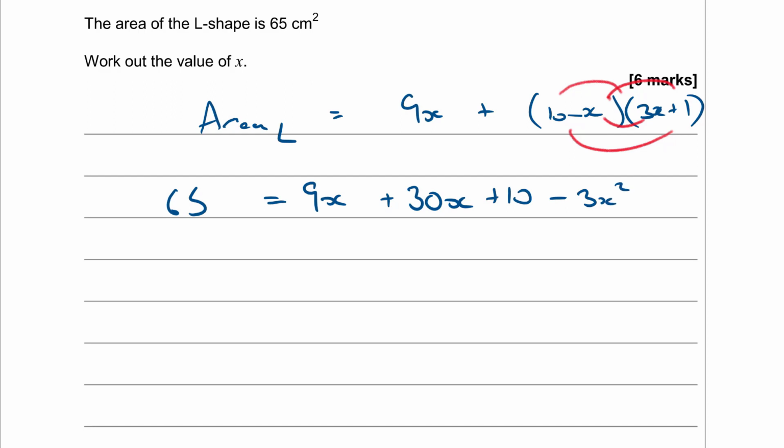And minus x times 1, which is minus x. Collecting like terms on the right, I've got 30x plus 9x take away x, which is 38x, my minus 3x squared, and plus 10.